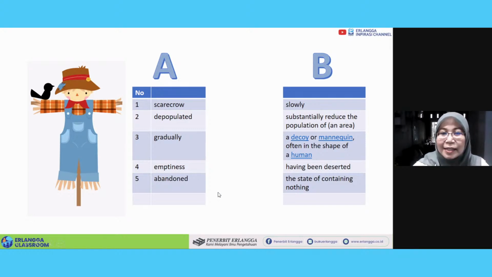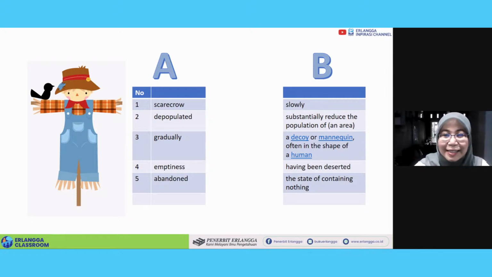Now, mungkin sudah mencari di rumah ini apa ya, langsung googling ya, sahabat Erlangga dimanapun berada, kalian bisa googling ini di Google atau di kamus ya. Sekarang sudah tidak ada kamus ya, mungkin kalian langsung googling di HP kalian. Kalian mungkin menemukan artinya dalam bahasa Indonesia gitu ya.